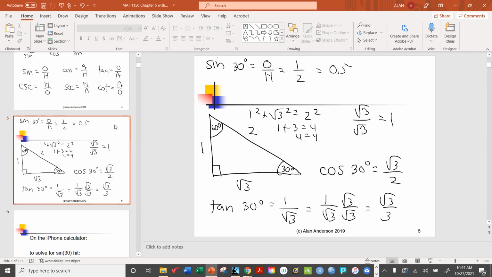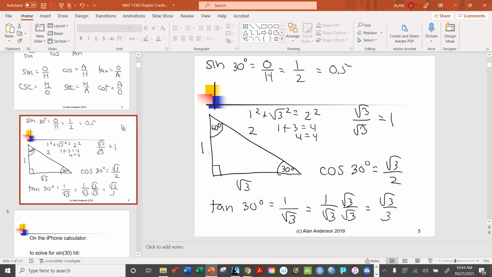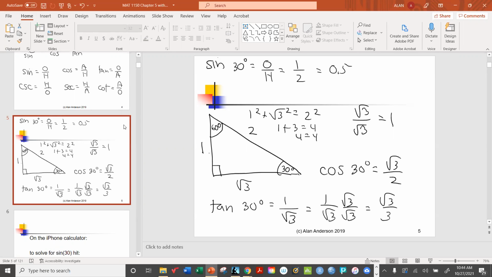So if you type that into your calculator, tangent 30, let's try that. 30 tangent comes back with 0.57735. And if you double check, the square root of 3 over 3 is in fact 0.57735. Okay, so the calculator can help you up to a point, but you just have to be careful with it.